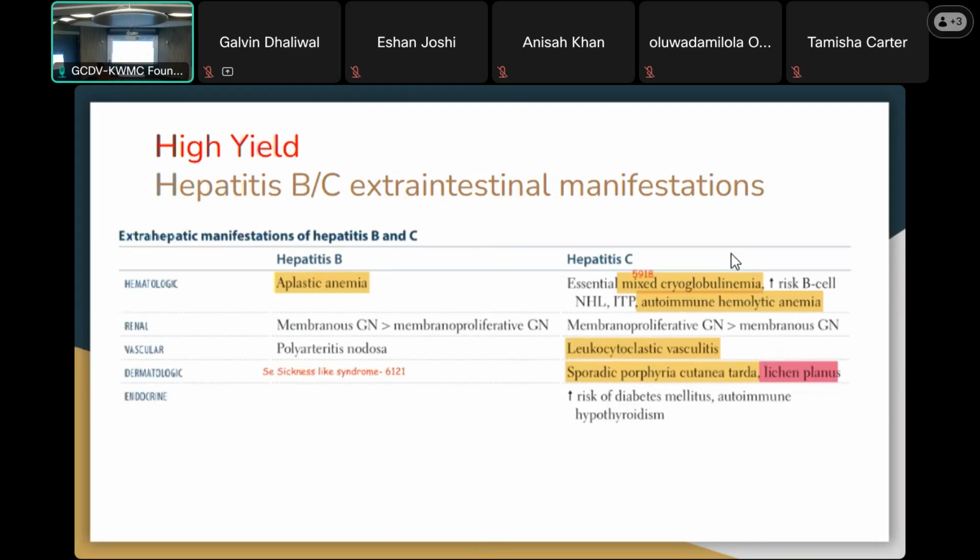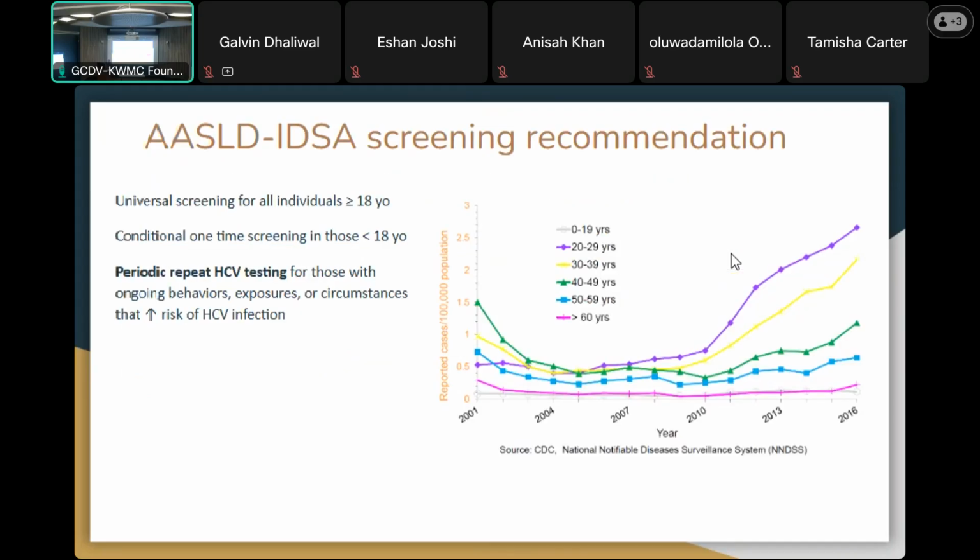And leukocytoclastic vasculitis or cryoglobulinemia, and you can get a lichen planus question too, and they'll ask what you should test, and it's Hep C. So remember this. Always go back to your First Aid before your exam, because you're definitely going to get a question on this.